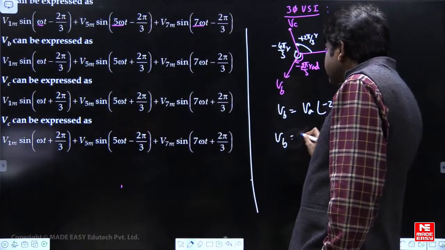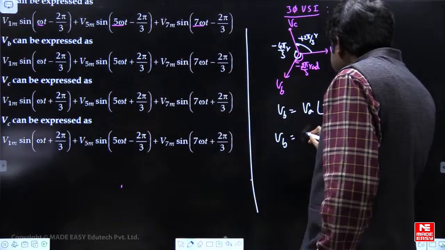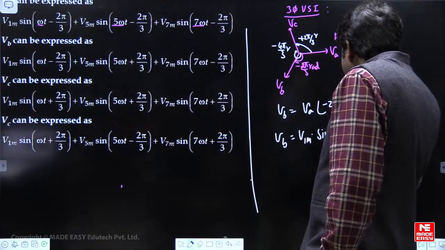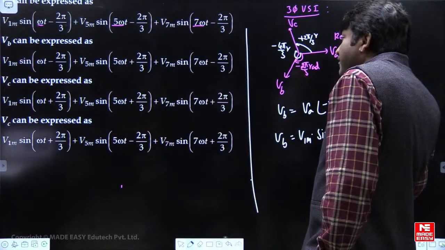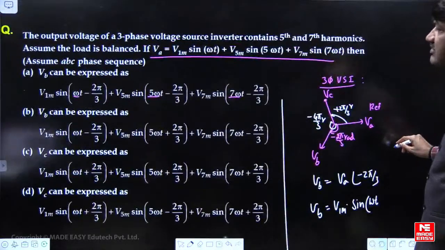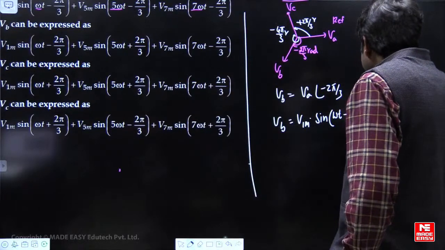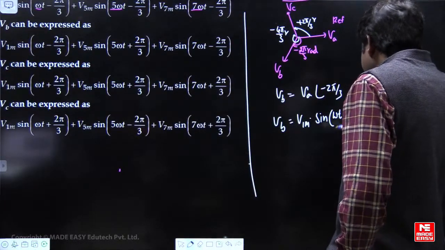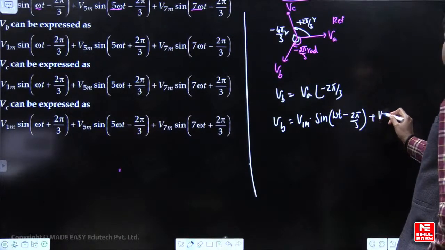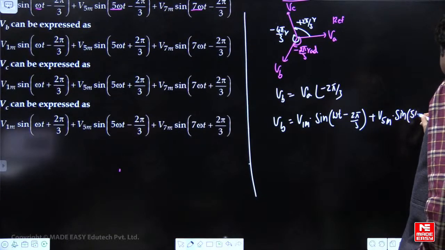This is the equation for phase A: fundamental magnitude, sine of omega t minus 2 pi by 3, lagging by 2 pi by 3. That is the fundamental. Then how do you find fifth harmonic amplitude? Fifth harmonic amplitude, sine of 5 times omega t.